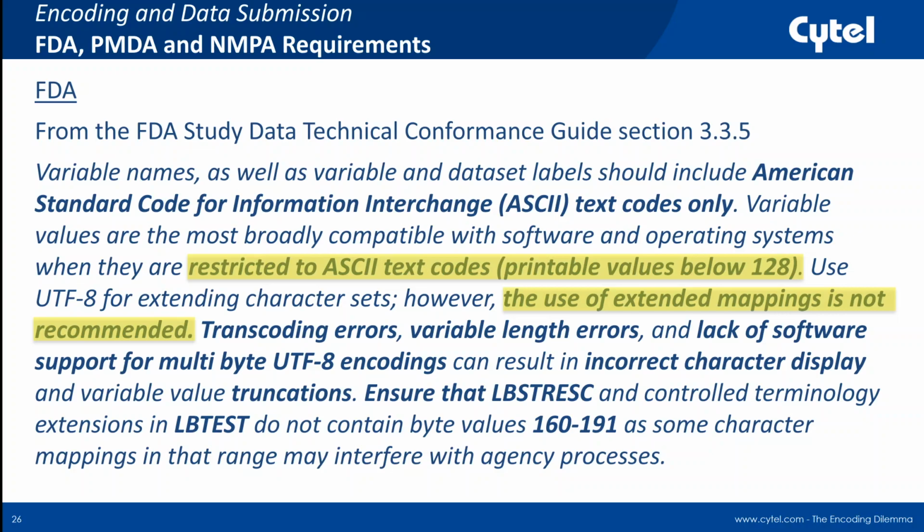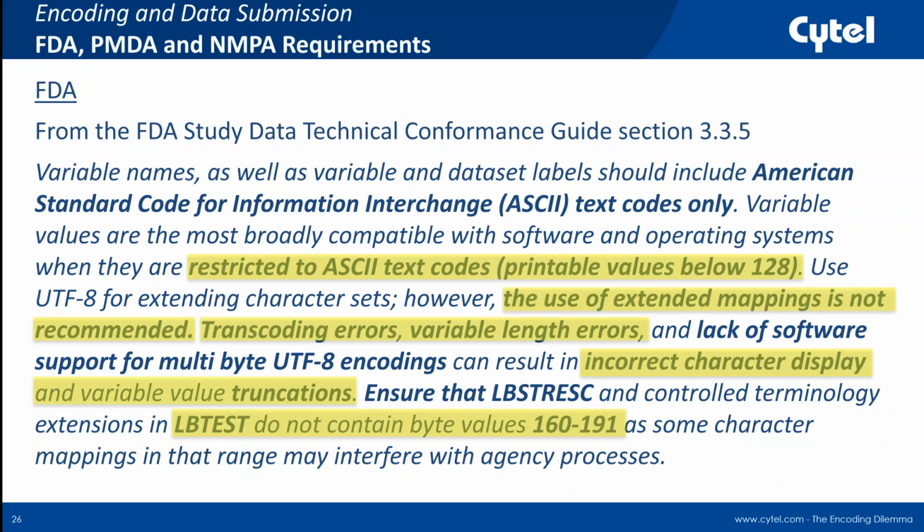So essentially, all characters requiring 1 byte regardless of the encoding used, as we probably previously discussed. The FDA also alerts you on the possible transcoding issues when working with UTF-8 encoding, and they also explicitly ask you to avoid the use of specific ranges of characters from the ASCII extended set.